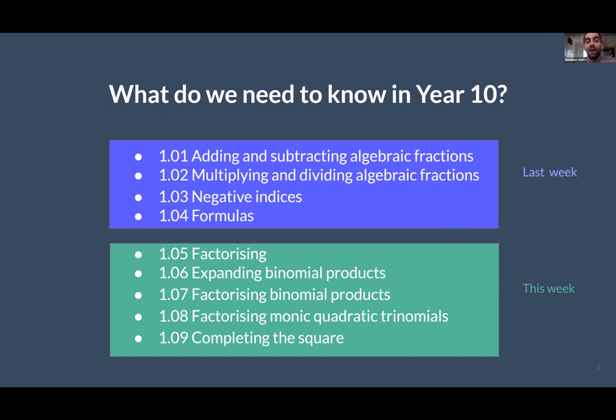I expect that you have all seen and been taught algebra already. I'm going to try and give you a different perspective on it, and also just do some practice and revision so that we're really confident with it going forward. Algebra is really the key to unlocking a lot of high school maths at year 11 and 12. So you've got to have a really, really good understanding of algebra. It makes your life so much easier.